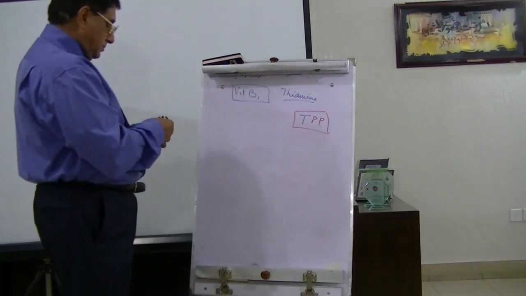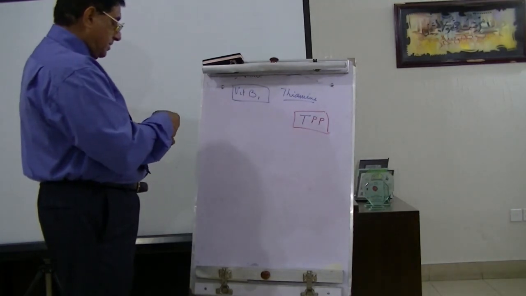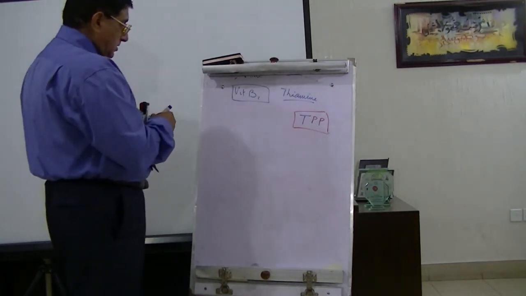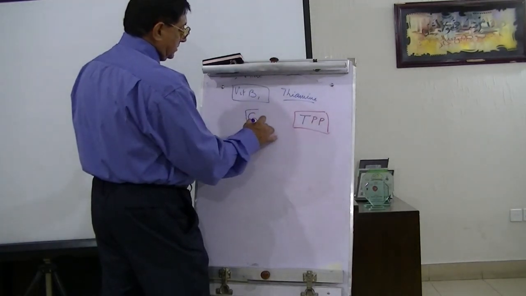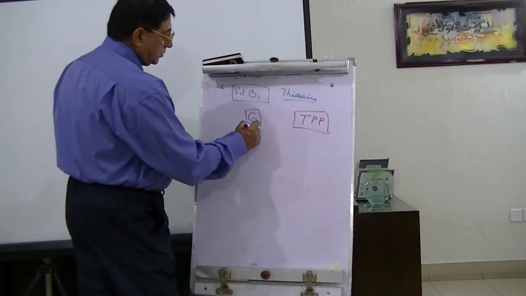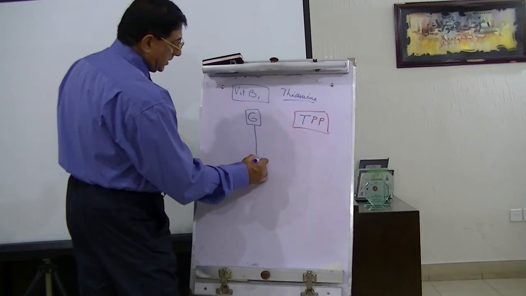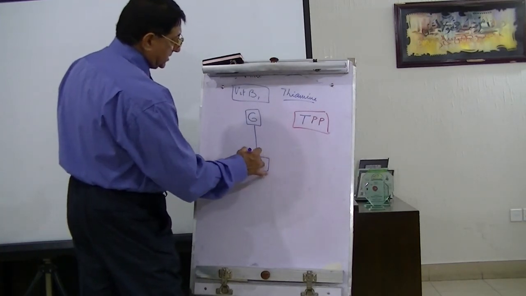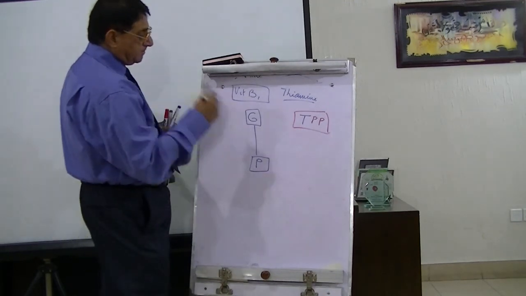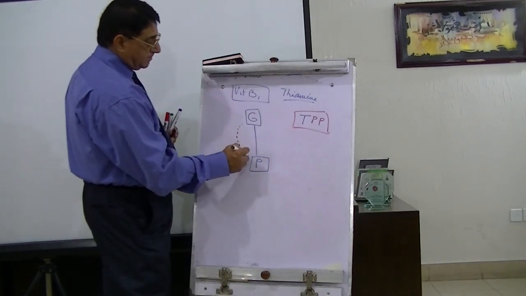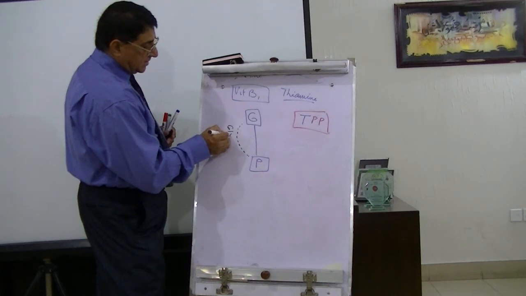How? Because we know that all cells need glucose. Glucose is converted to pyruvate. This is called glycolysis.